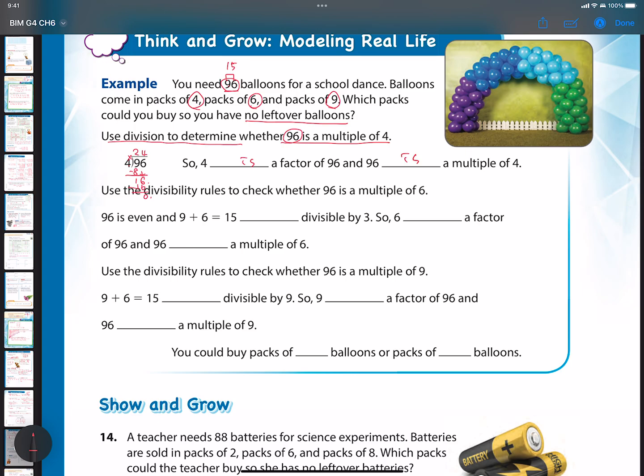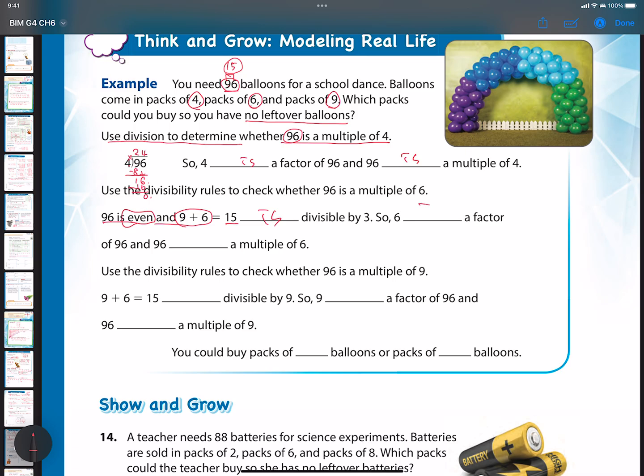Understand? All right. Use the divisibility rules to check whether 96 is a multiple of 6. We just did it already here. Okay, 96 is an even number, and the sum of the 2 digits is 15, which is a multiple of 3. That's the divisibility rule of 6. So 96 is even. And then 9 plus 6, the sum of the 2 digits, is 15, which is divisible by 3.